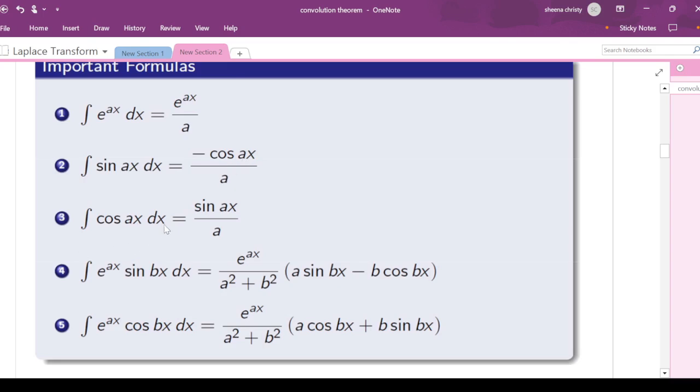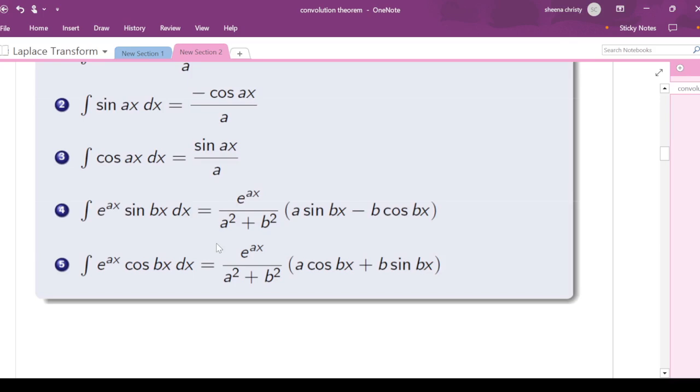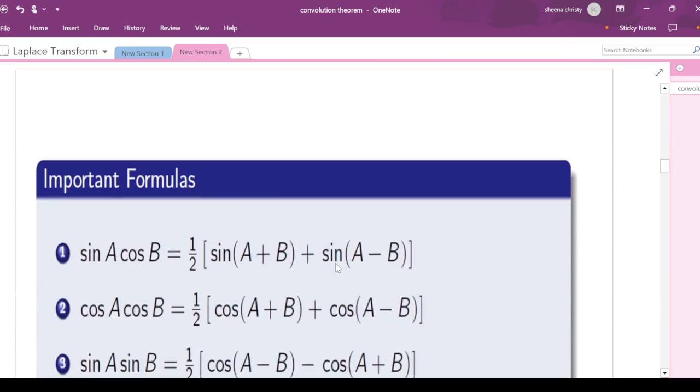The integral of cos ax dx is sin ax by a. The integral of e power ax sin bx dx is e power ax by a squared plus b squared times (a sin bx minus b cos bx). The integral of e power ax cos bx dx is e power ax by a squared plus b squared times (a cos bx plus b sin bx).